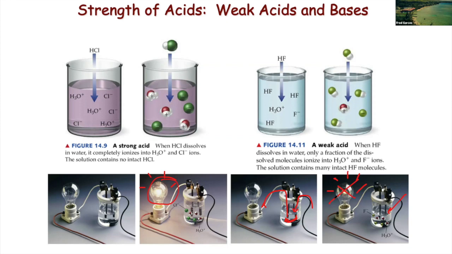Here, with a weak electrolyte, you don't have very good efficiency. You get poor luminescence, and for a non-electrolyte, you don't get any luminescence at all, because it's an open circuit, basically. It's not a closed circuit.